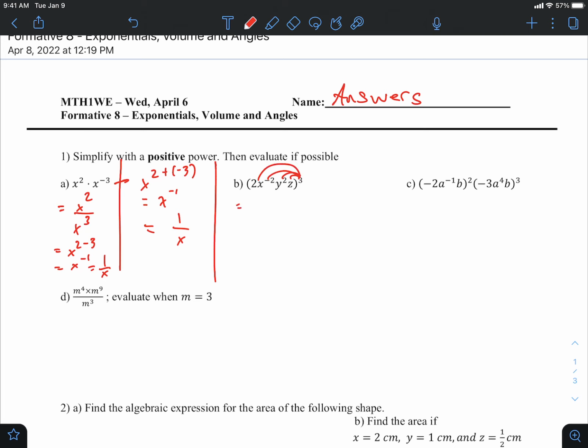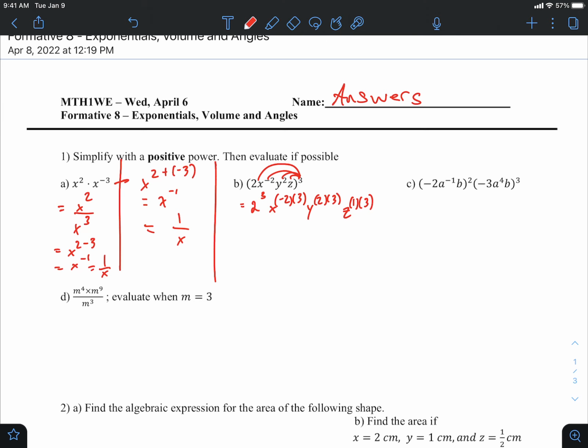So my next line, this would be your way of getting rid of brackets if you had power to power, right? So I'm going to have 2 cubed, x to the negative 2 times 3, y to the 2 times 3. And again, I always do this with more steps than I think you need, but for the people who are still a little bit behind, I'm trying to meet those people, not the ones that know what they're doing already.